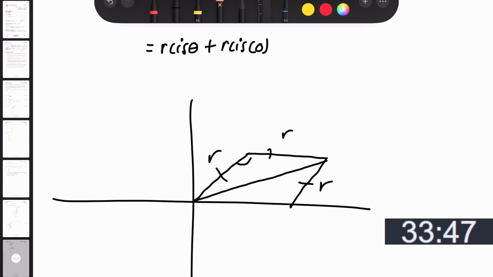And that's R. Would this just be the bisector of that? So that's theta. Would that just be half of this theta angle?